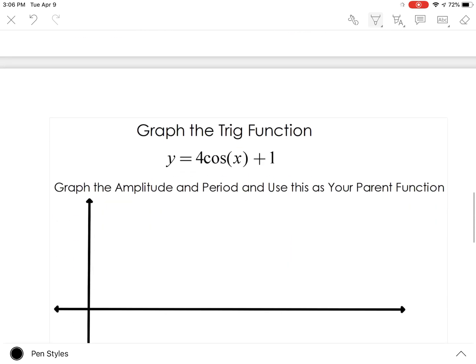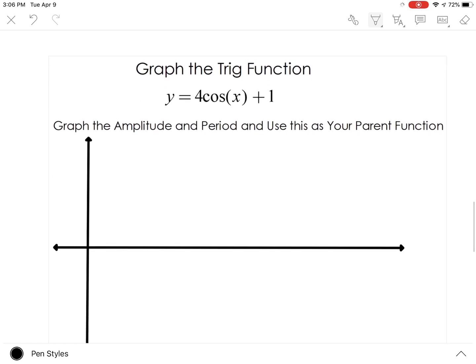Okay, so there we go, parent function. I kind of graph these all at once just because we've been practicing, and then I worry about the shift second. Okay, so I'll start off with 4, negative 4, 1, 2, 3, 1, 2, 3.